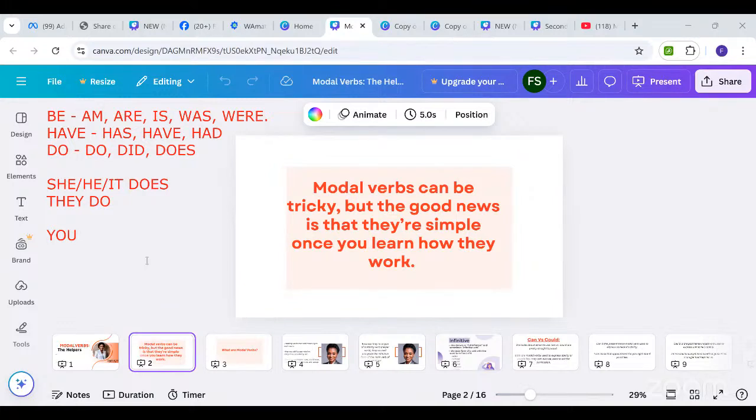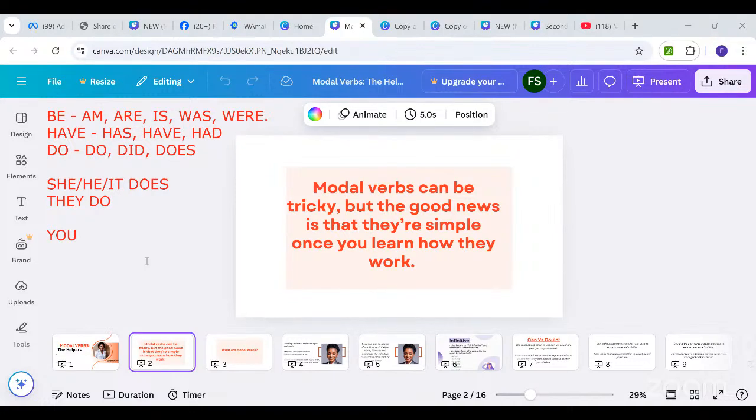Thank you very much. So let's talk about these verbs one after the other. The first verbs, we call them the be verbs. We have verbs like am. We use that for first person. I am. I am learning.